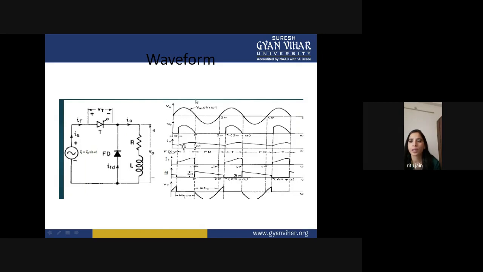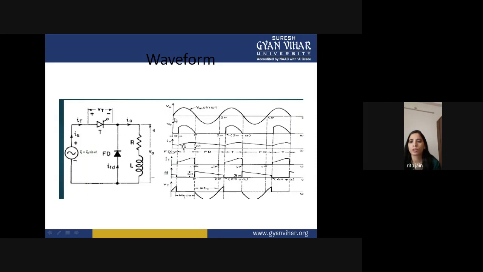So first we will start from this positive half cycle. You can see in this diagram that Vs is your input voltage, V naught is your output voltage, this is your output current, this is your freewheeling diode, this is your input current, this is your freewheeling diode current, and this is your thyristor voltage.